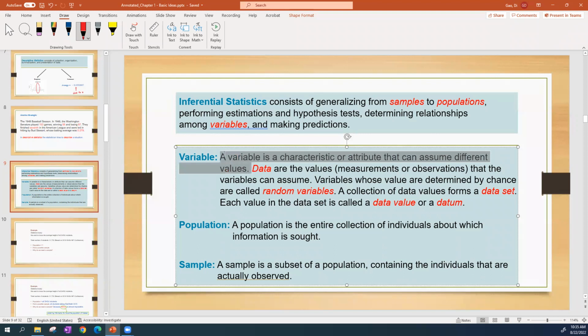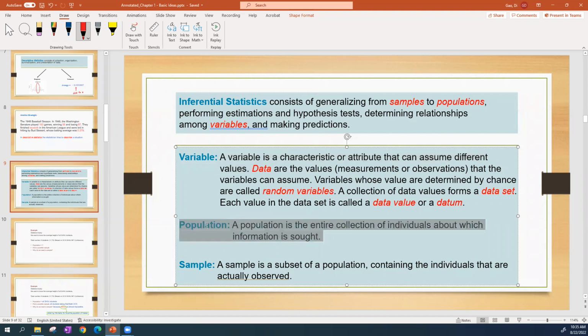So we can collect a lot of height information from different individuals. And that collection forms a data set. And each value in that data set is called a data value or a data. Now let's look at population. A population is the entire collection of individuals about which information is sought.